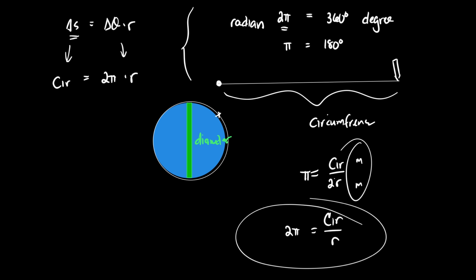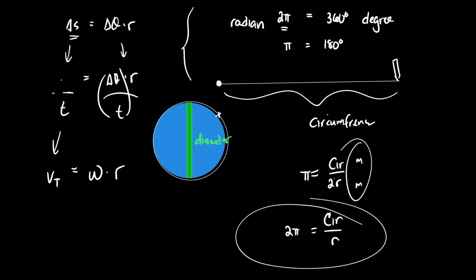Now, here's where we get back to physics. If you know how long it takes to go around a circumference, and you can divide by t on this side, what you would get is your linear speed is equal to your angular speed times your radius, where this would be delta theta over t, and this would be how far you've moved over t, that's linear speed.